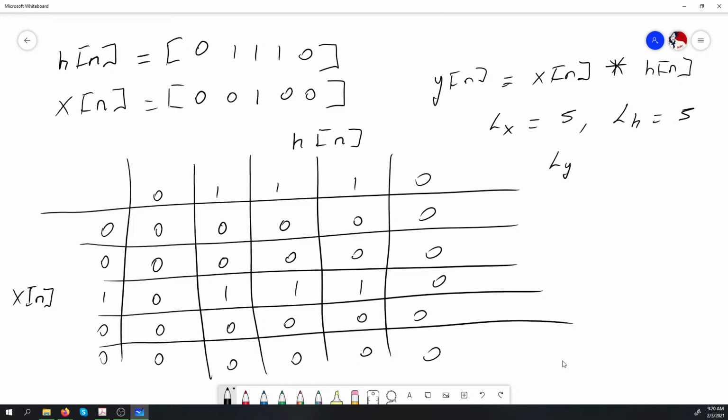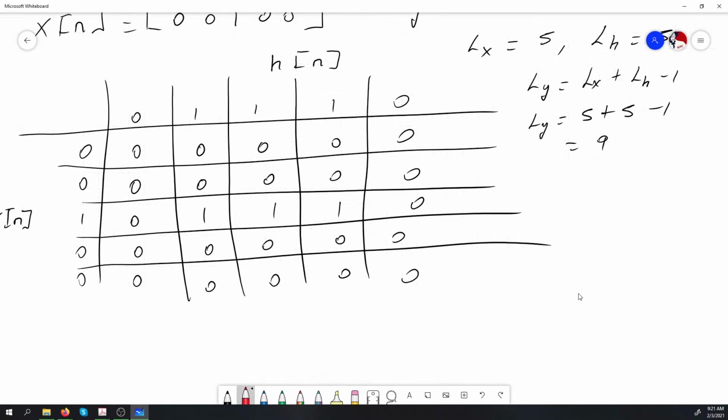So L of y is going to be L of x plus L of h minus 1, where L represents the length of the sequences. So L of y is 5 plus 5 minus 1, which gives us 9. That means we're going to have 9 values for the output convolution y of n, the result of x of n convolved with h of n.